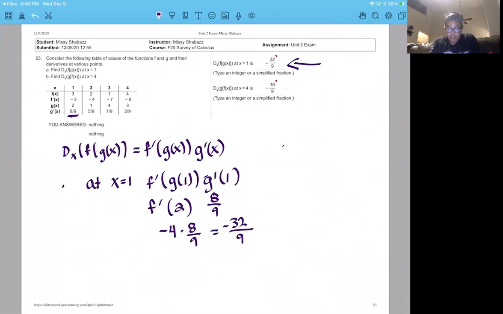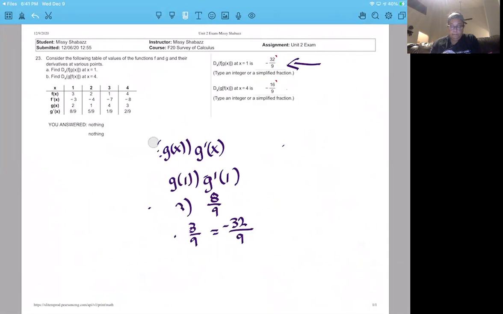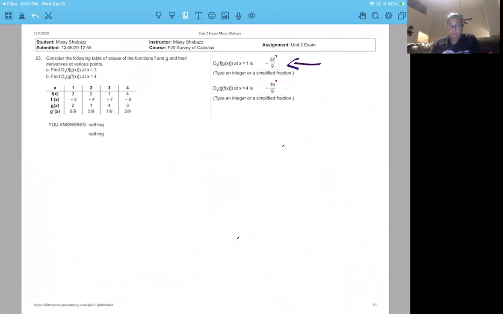Now they want us to do part B, which is g composed with f at x equals 4. So now we want the derivative with respect to x of g of f of x.